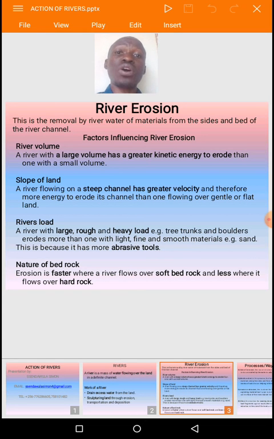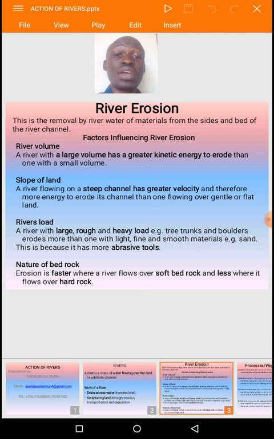Then river load is about the material being carried. When it is large, rough, and heavy, talk about tree trunks, boulders, these are large rock materials.